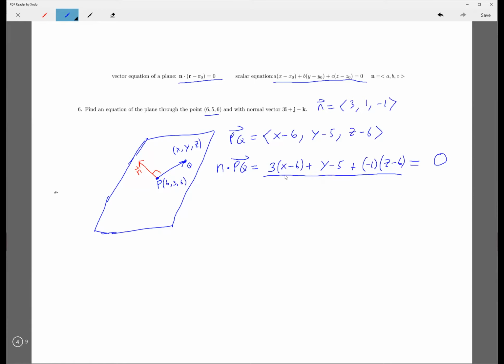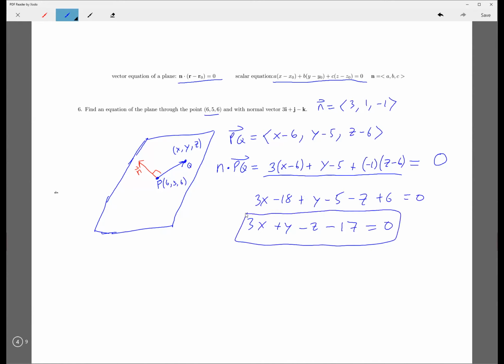And I guess we could take this right here and distribute the 3, so 3x minus 18, plus y minus 5, distribute the negative 1, minus z plus 6 equals 0. And then we combine these other 3 together, so that's minus 17, I believe, equals 0.